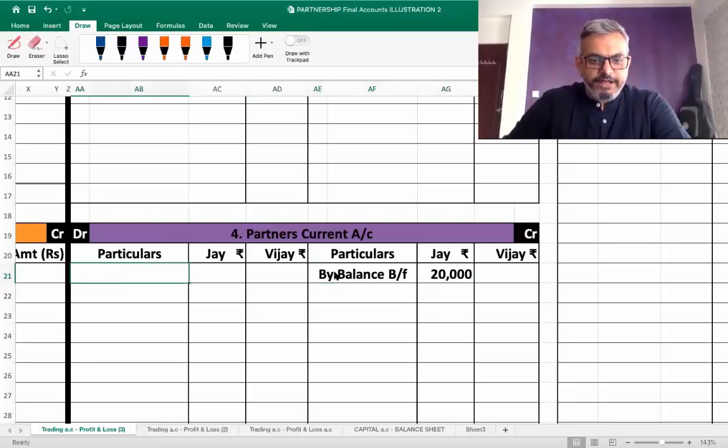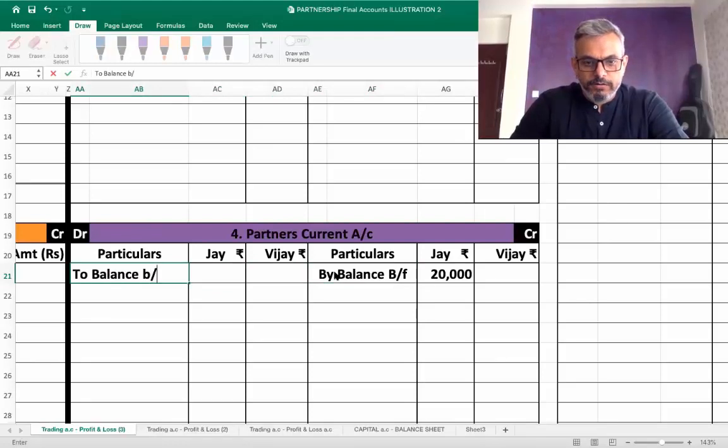And Vijay debit 5,000, to balance brought forward.